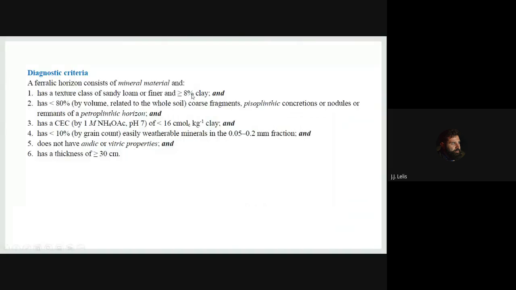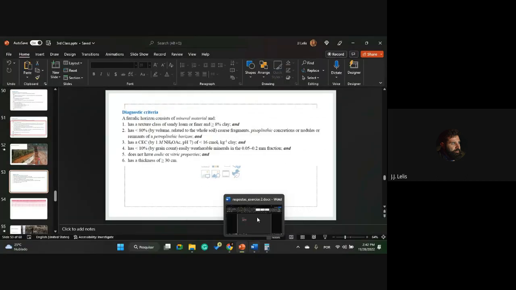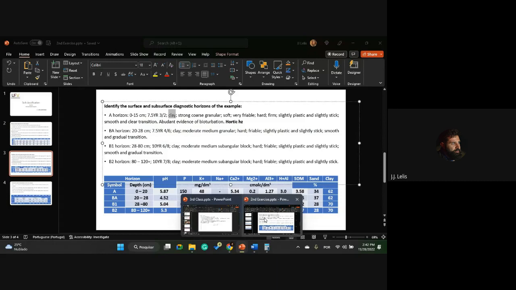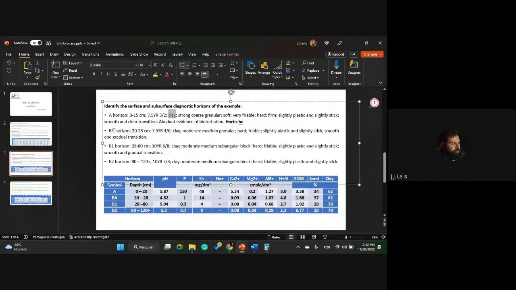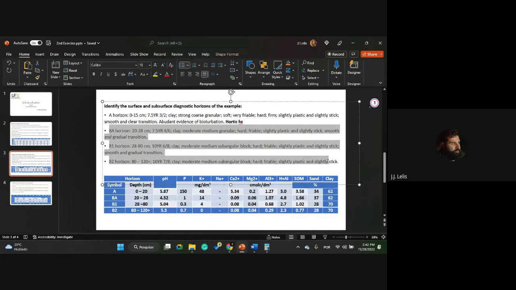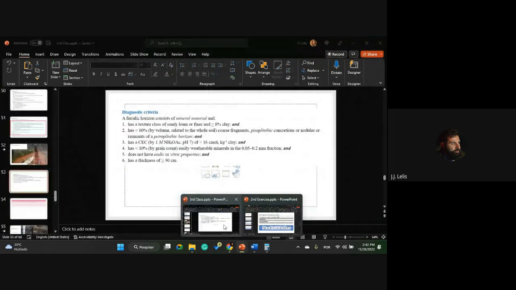So, okay, we are following these criteria. It possesses less than 8% of coarse fragments. We don't have any information about coarse fragments in these materials, in the B2, B1, and BA horizons. So we don't have coarse materials here, so it's lower than 8%.